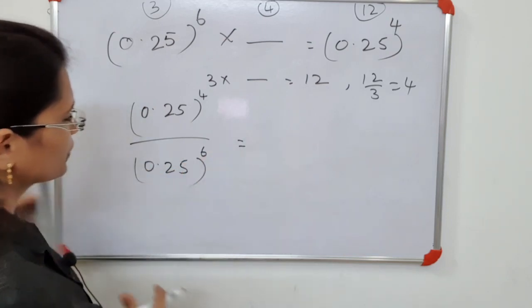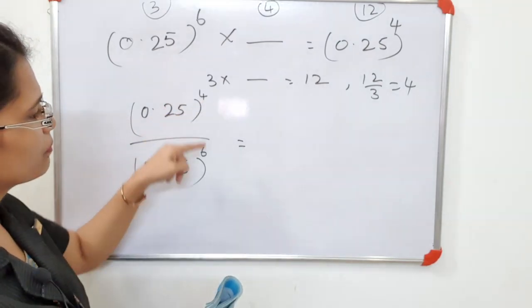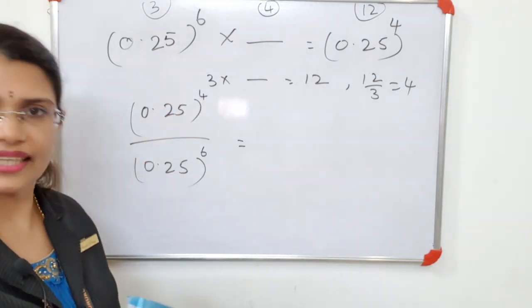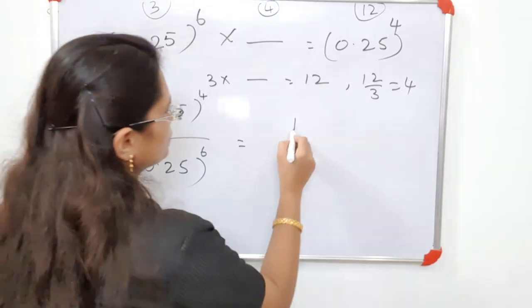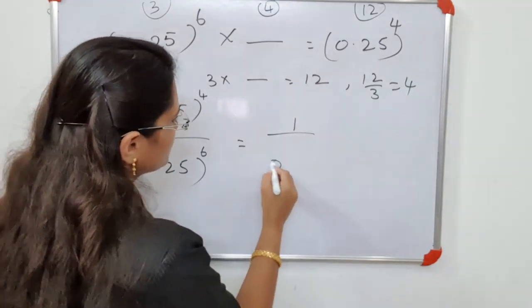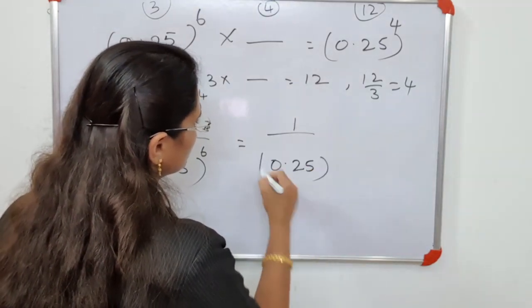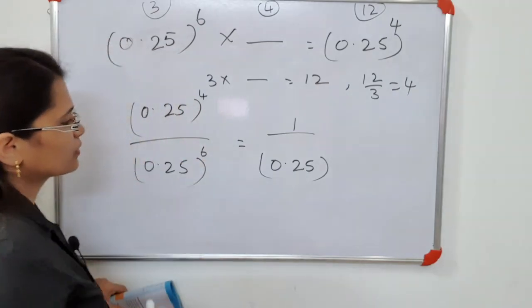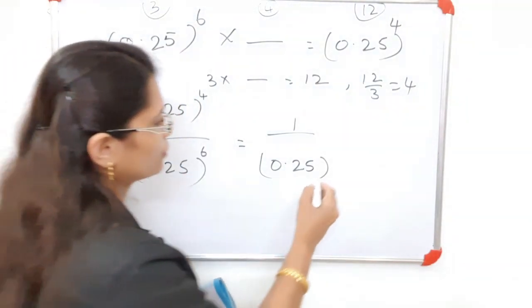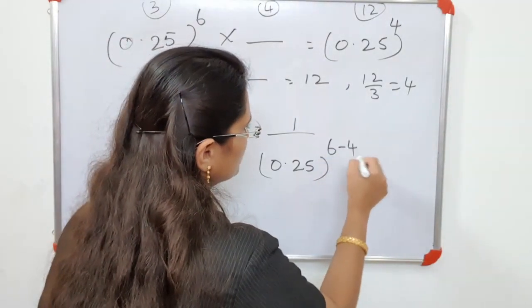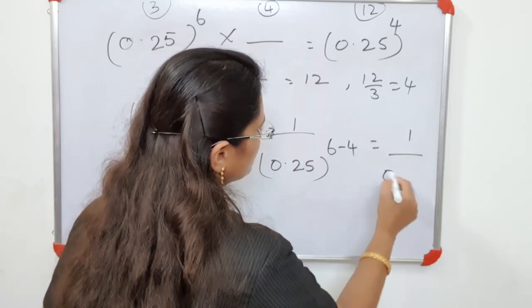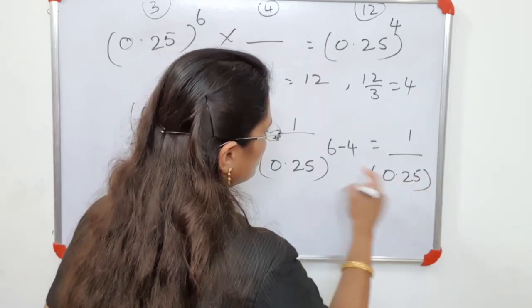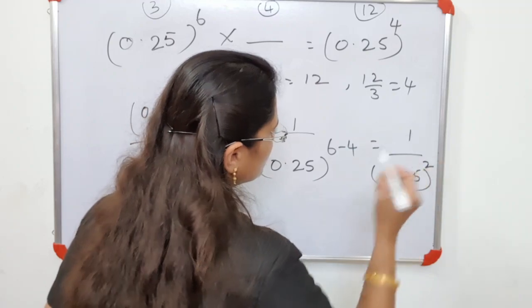Here which is greater, m or n? n is greater. So what we must do: 1 divided by 0.25 whole raised to n minus m, that is 1 by 0.25 whole raised to 6 minus 4, which is 2.